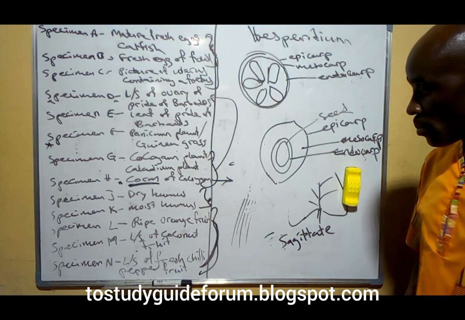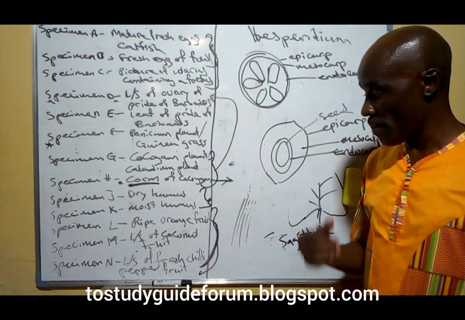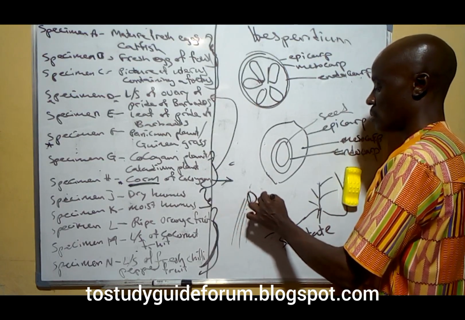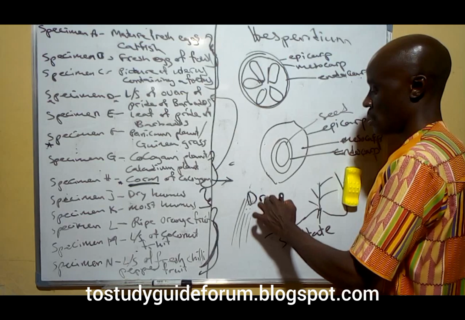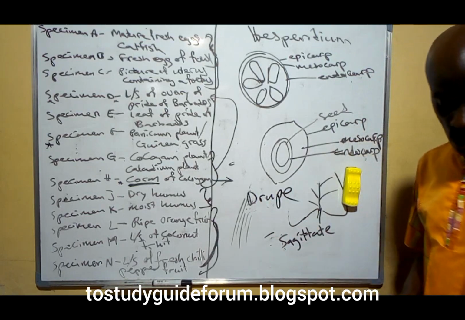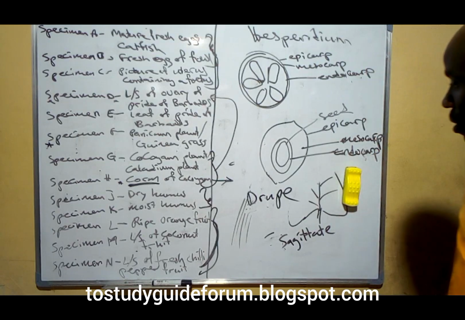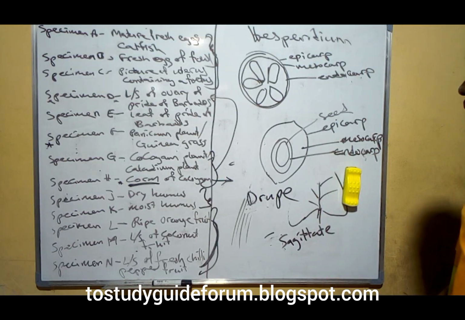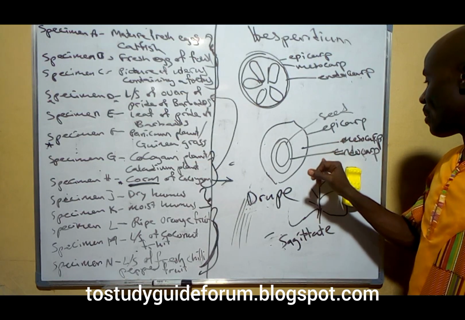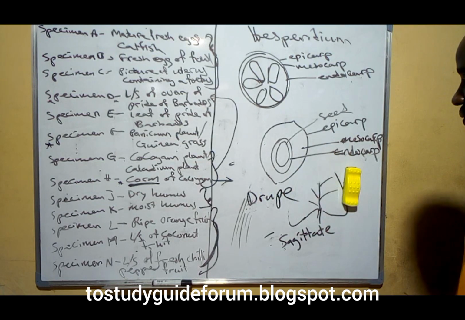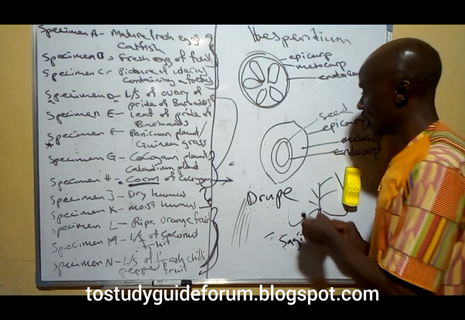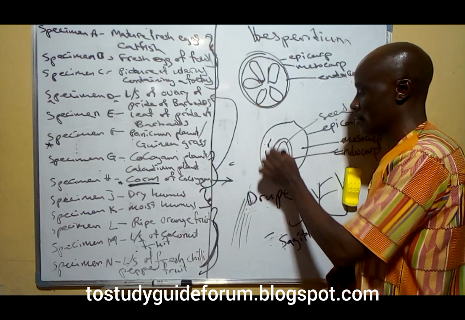But then this is what we call the drupe. The drupe has a well-defined epicarp, mesocarp, and endocarp, and then you see the seed, they are well-defined. Some of them could be fleshy, but for coconuts, the mesocarp is always dry.